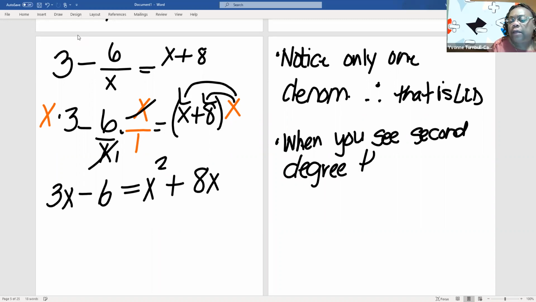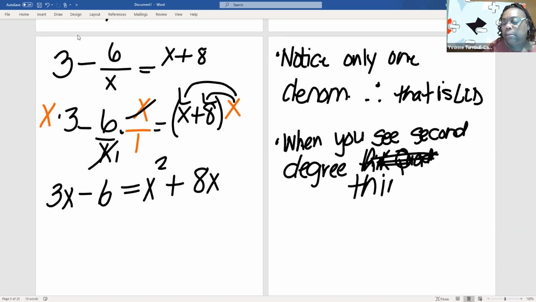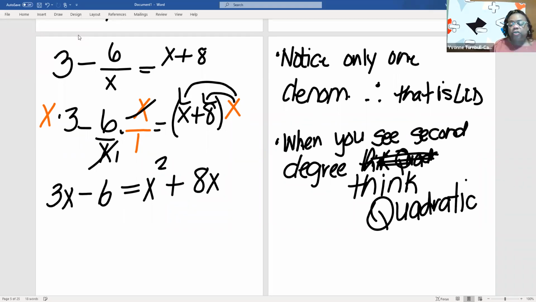That means you have to have your prior knowledge of a quadratic equation. Oh gosh, quadratic. Oh, that's not looking cool at all. Think quadratic. Like drastic, call for drastic measures, quadratic, okay? All right, because I have a second degree term, I need to think quadratic.